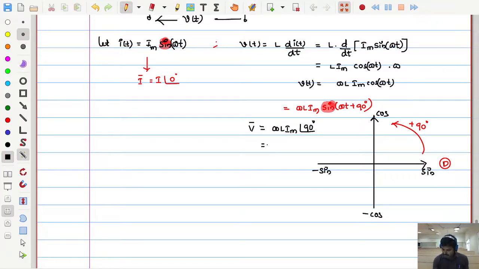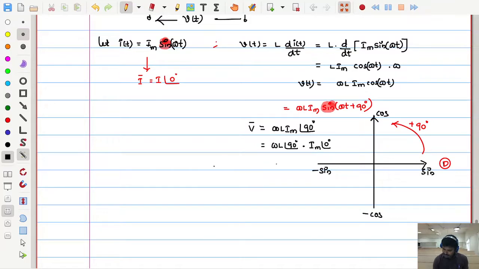Now I want to make a small change here. I will write this as omega L at an angle 90 into 1, that means Im at an angle 0. This further I will write as omega L at an angle 90 times Im.